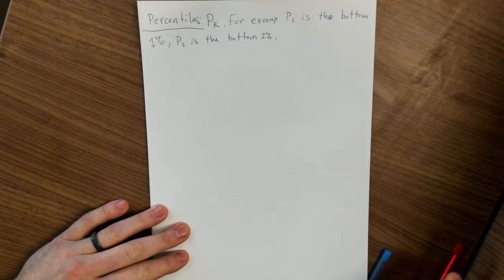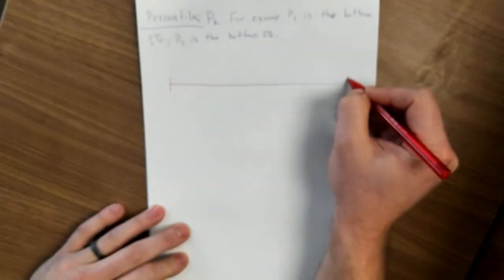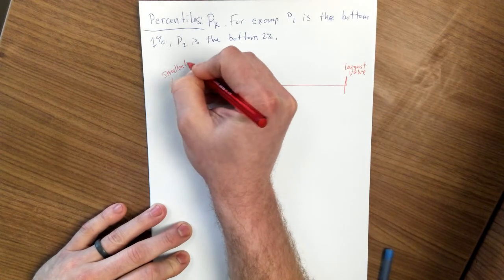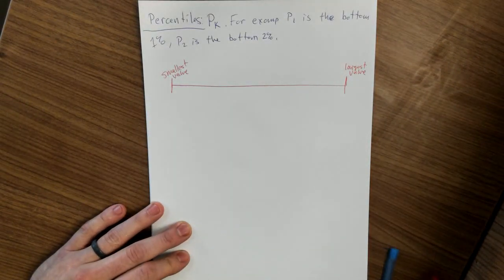So let's draw a number line to kind of show what we're talking about here. So let's start here. Then we have, this is the largest value here. If we were to put all of our values in ascending order, smallest value here. And then in between here, we'll have all our different percentages.